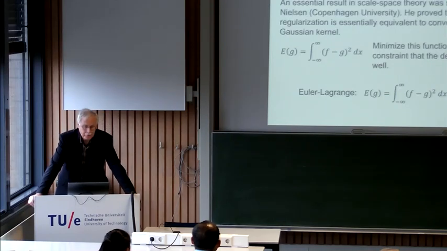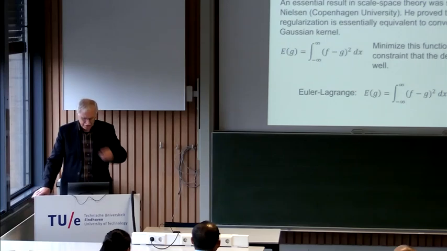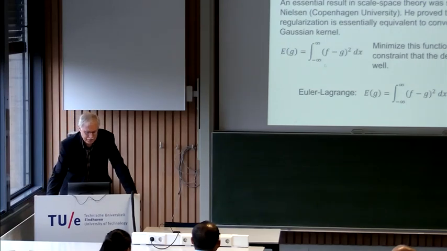So let's make a real mathematical exercise and see how this works in our Gaussian scale space. So we have our Gaussian derivatives. And M.S. Nielsen, he did a very nice PhD thesis, and he said, let's look at this very carefully. I go study this energy.